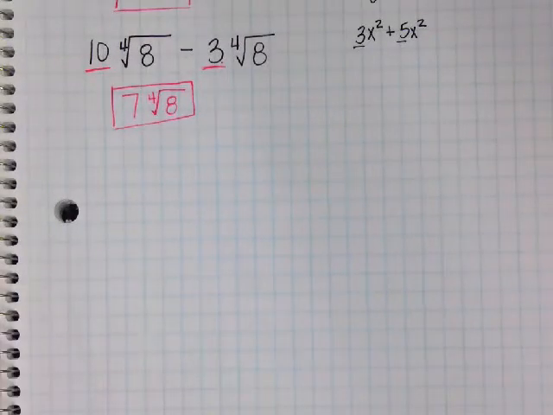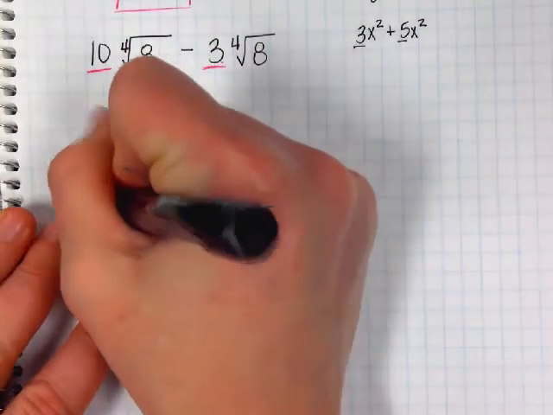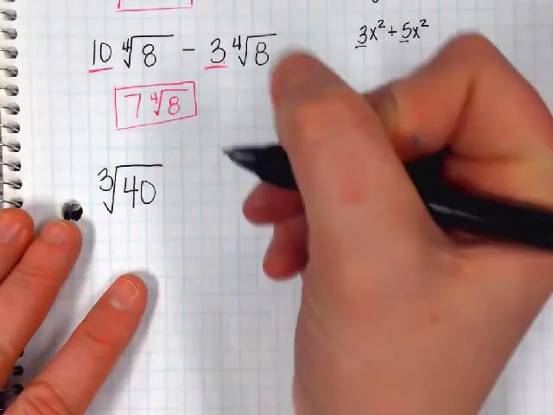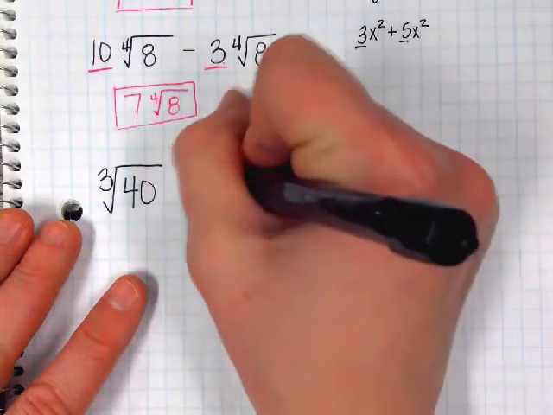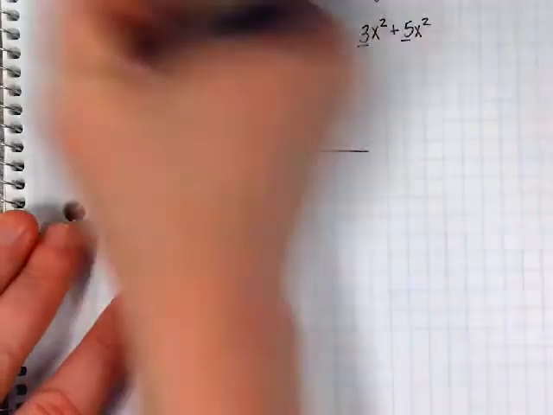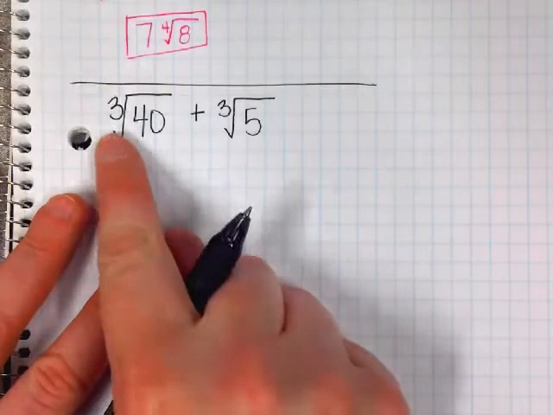Okay, the next problem: I have the third root of 40 plus the third root, or cube root, of 5. So let me separate those examples so that you know I'm starting a new problem.